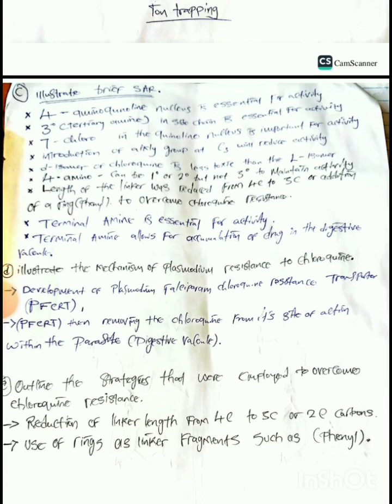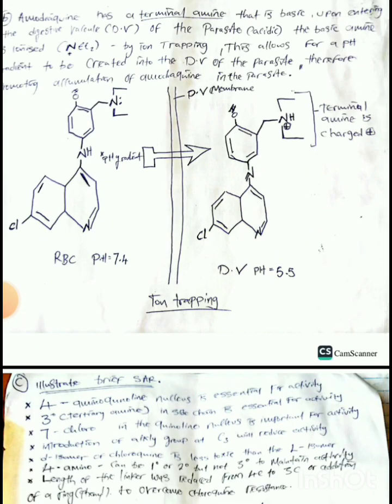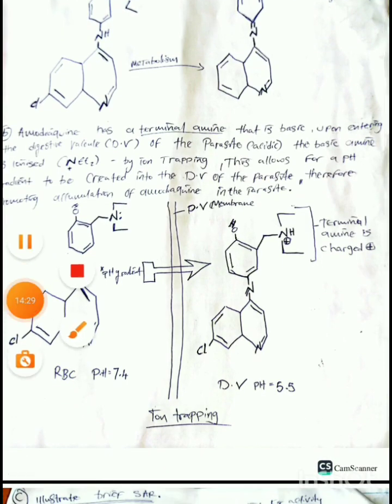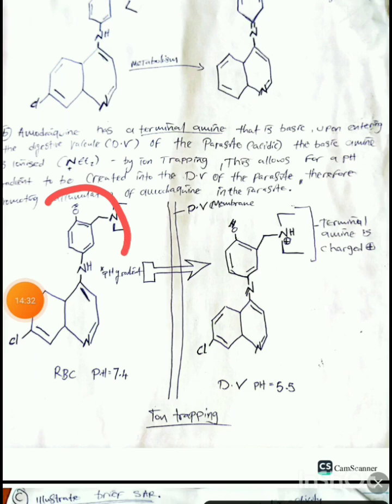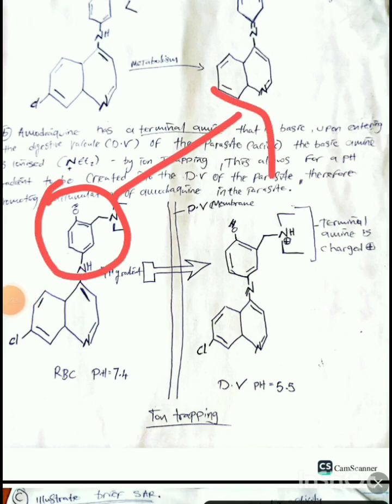The second strategy is the use of rings as linker fragments, rings such as phenyl rings or heterocyclic rings, as seen in amodiaquine. So amodiaquine can be known as a modification made to improve on chloroquine resistance, because the phenyl ring on amodiaquine has been implemented as a strategy and has been seen to overcome this resistance.